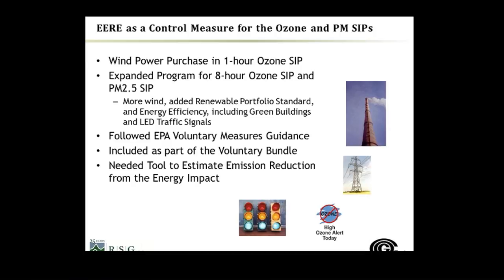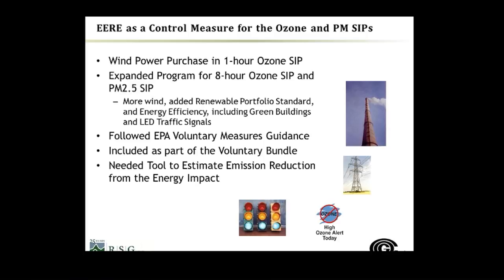This next slide provides an overview of our efforts to include energy efficiency and renewables in our state implementation plans. The first cut at this happened more than 5 years ago, I guess, when the SIP for our 1-hour ozone standard was developed. For that SIP, local government voluntary initiatives, particularly to procure wind power, were put forth as a control measure to help us attain the standard.